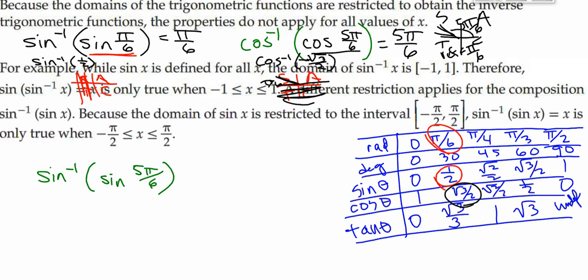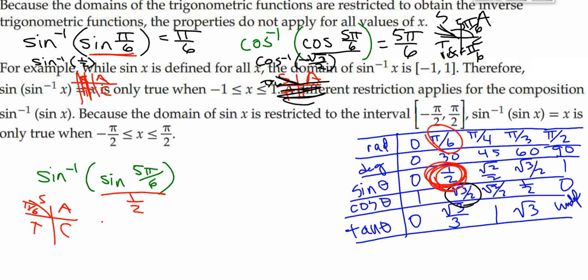On the inside, I just want the sine of 5 pi over 6. My reference angle is pi over 6. All students take calculus, so pi over 6 is still my reference angle. The sine of pi over 6 is 1/2, and in this quadrant sine is still positive. Do you agree? So this is positive 1/2.